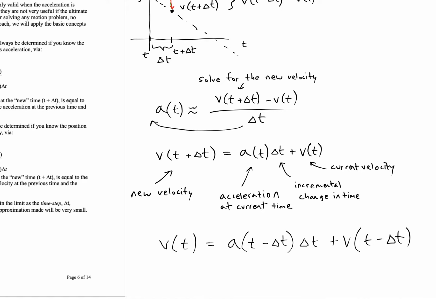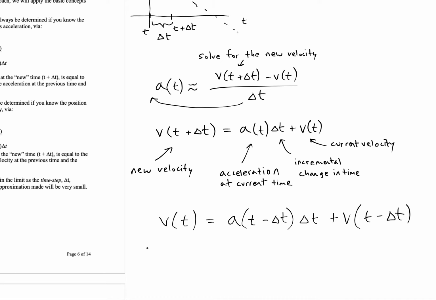And what is that? What's the difference, right? So this one would say that the current velocity is equal to the previous acceleration times the delta t plus the previous velocity.